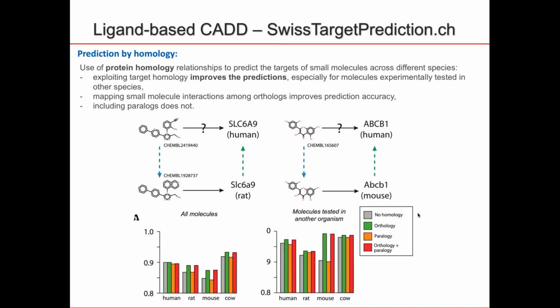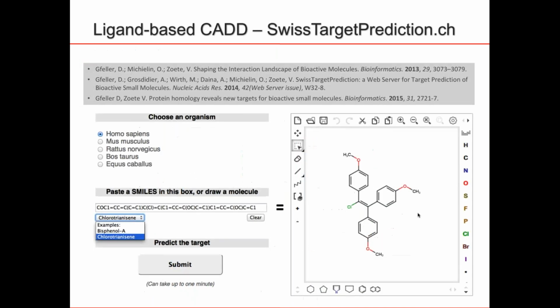Also, we dug a bit further and we see that if you have a similar molecule tested in another organism, this already works, but if it is the very same molecule that has been tested in another organism, then the prediction is even better, and it even increases the prediction in the case of human targets in this case. So orthology is very useful to make predictions throughout different organisms.